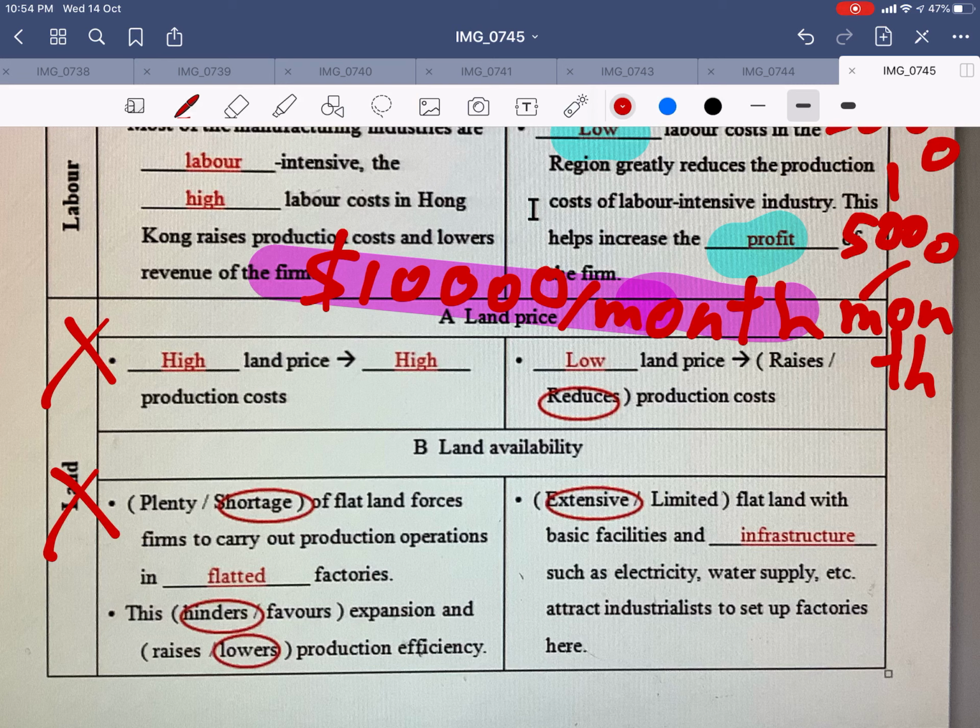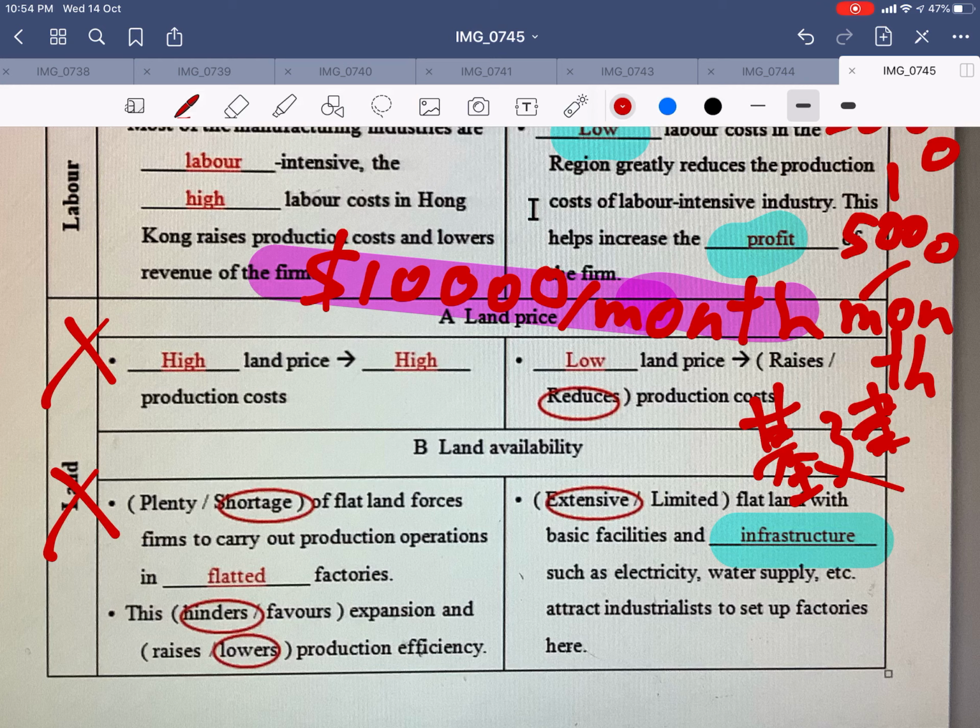Extensive flatland with basic facilities and also infrastructure such as electricity, water supply. And what is infrastructure? I would like to draw your attention to this one. Infrastructure is talking about basic facilities, 基建. For example, the electricity and water supply in most of the Zhujiang Delta is available already.